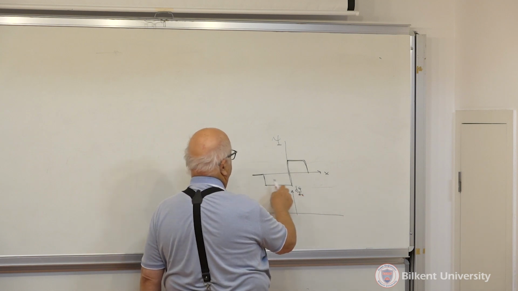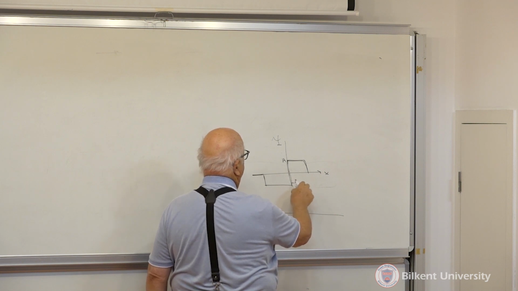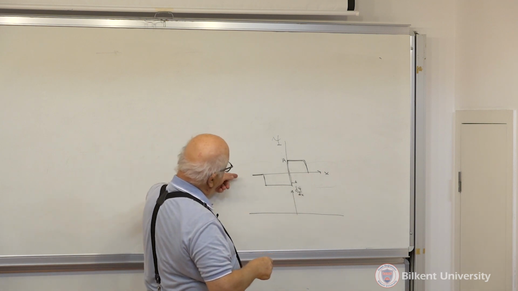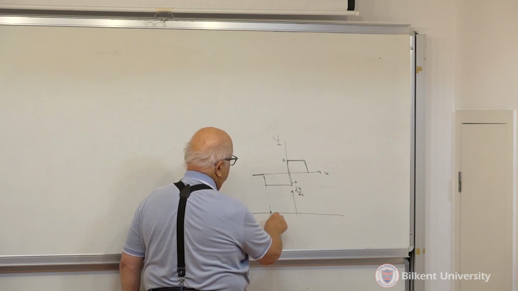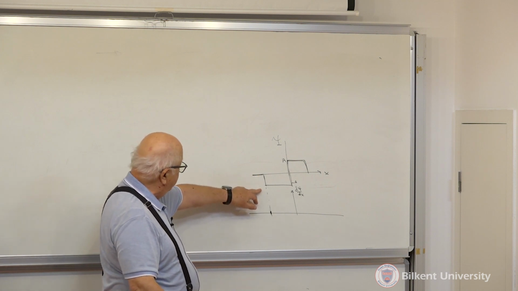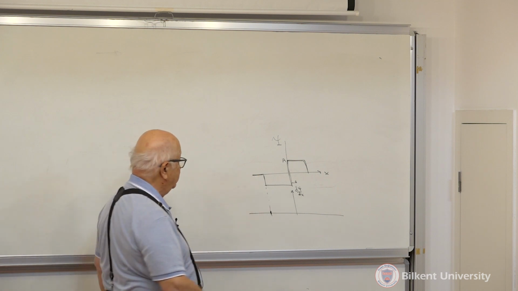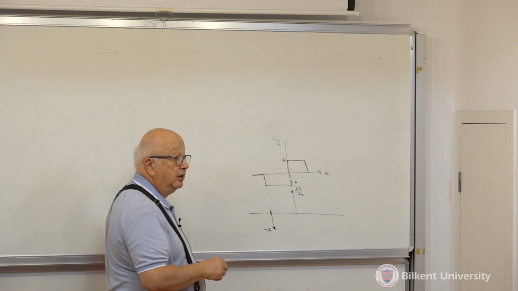So let me just give some numbers. Suppose it has magnitude a and minus a here. The derivative is 0 until the x value reaches there, but then there's a jump to minus a, which means that you are going to get in the derivative a delta function of magnitude minus a.